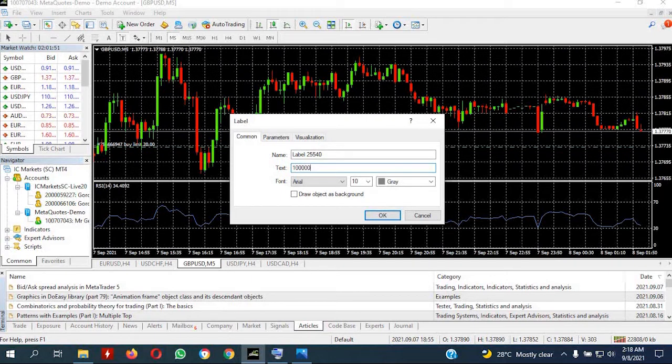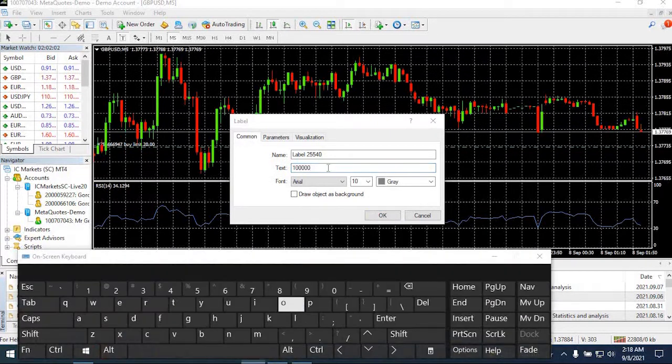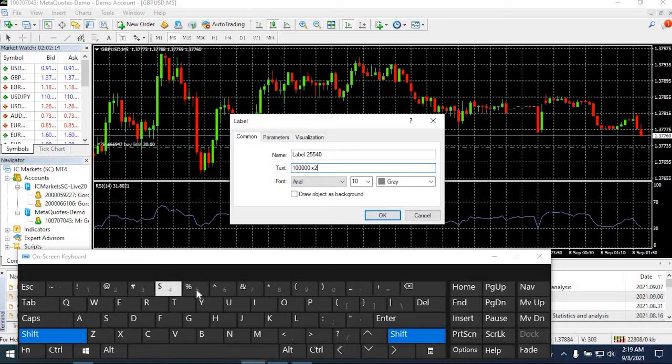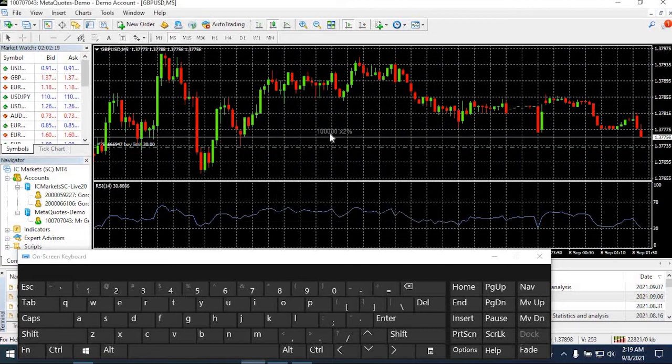So you want to find 2%. So 100,000 times 2%. That's the first thing we will do: find 2% of the 100,000, which is the account balance.